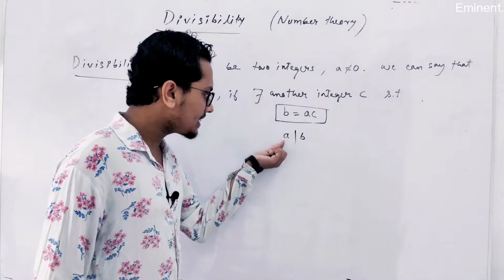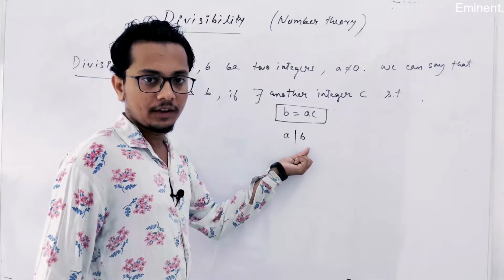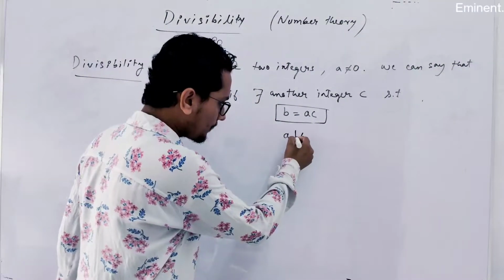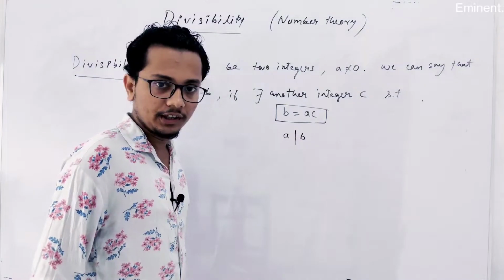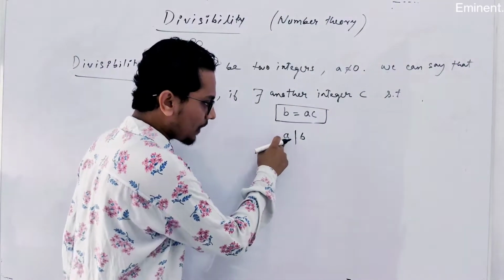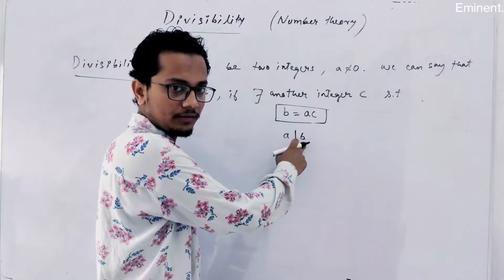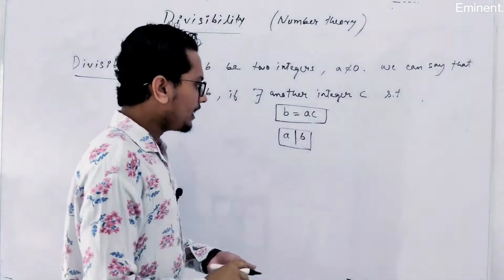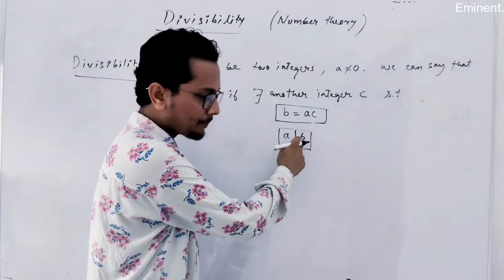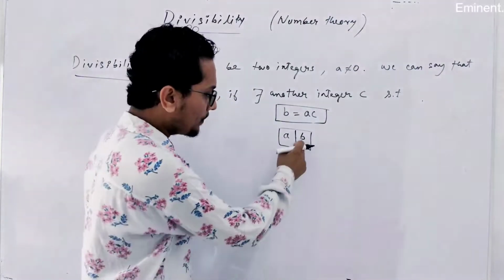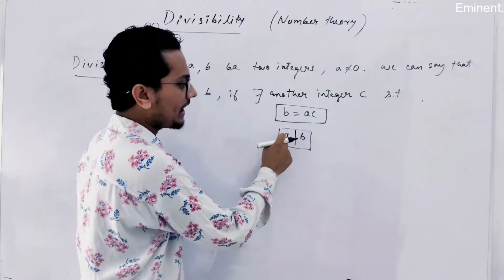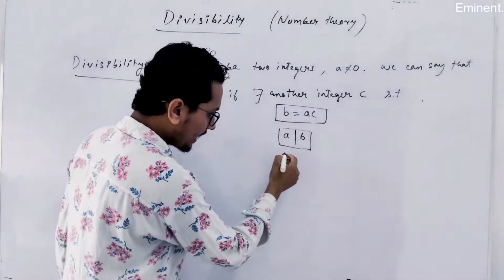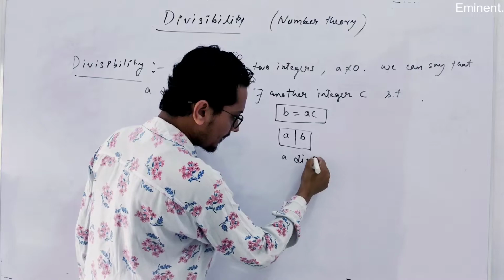Whatever you will get by giving this symbol in number theory, it means that this one divides this one. Okay, and if a divides b, then you can write b equals to ac. Here c is another integer.